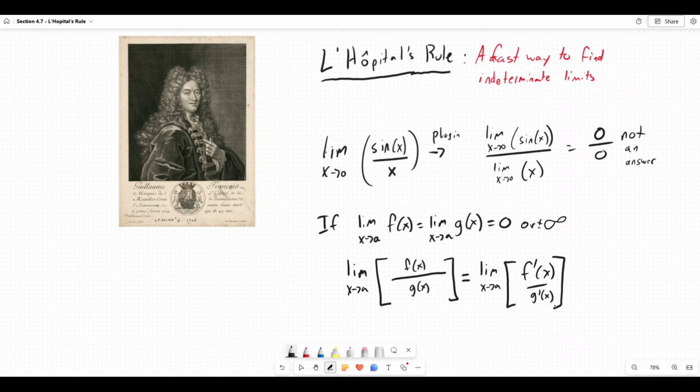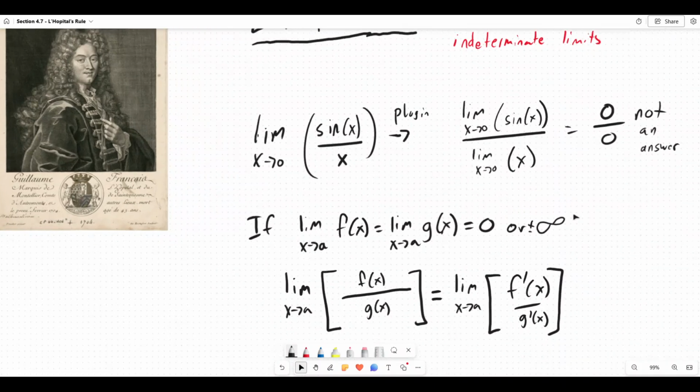And as we've seen, a lot of the times, derivatives can make something more complicated become less complicated. We can use L'Hôpital's rule to find some of these limits very, very fast.